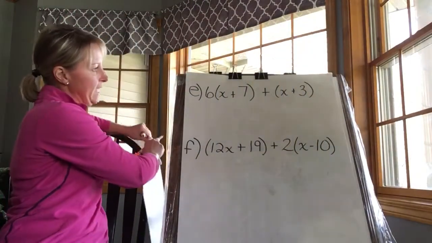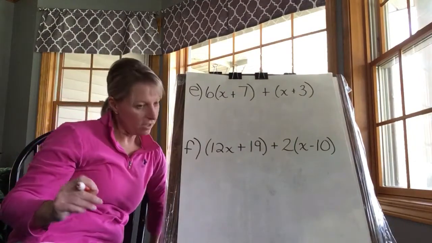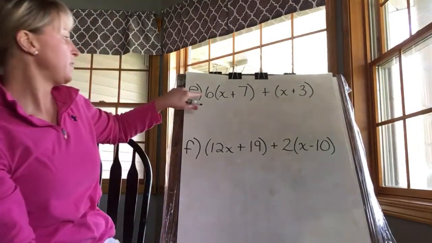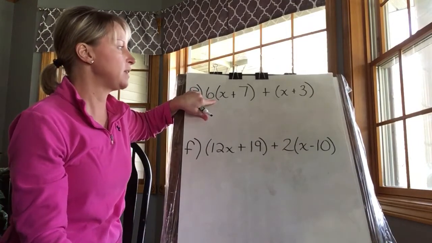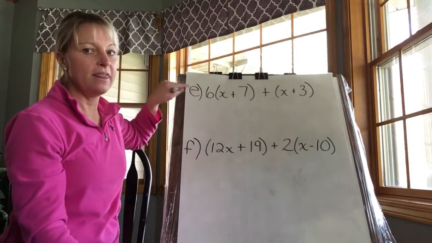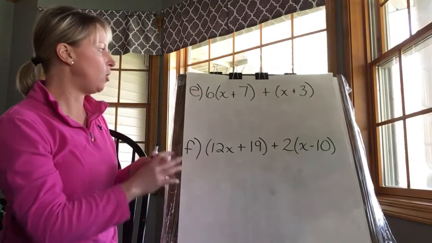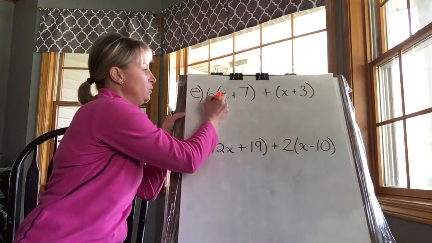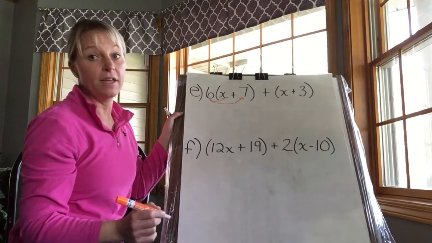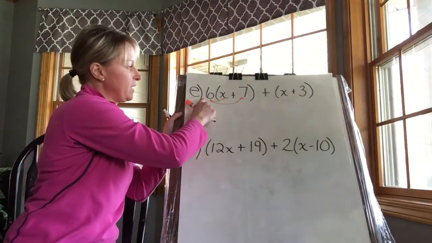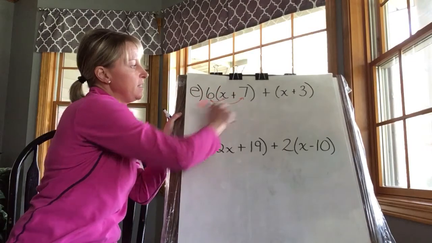Going on to E. Where these are a little bit different is because you have to start with 6 times the quantity x plus 7 plus x plus 3. What is that called when we have to do this? You guys remember what that's called? The distributive property. So that is like saying 6 times everything inside there.